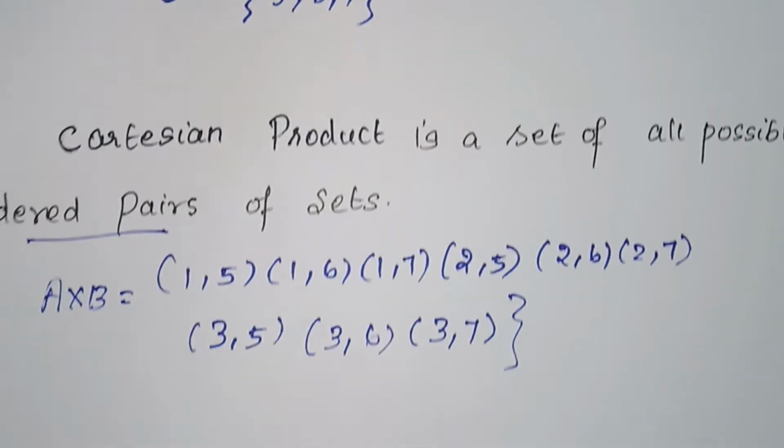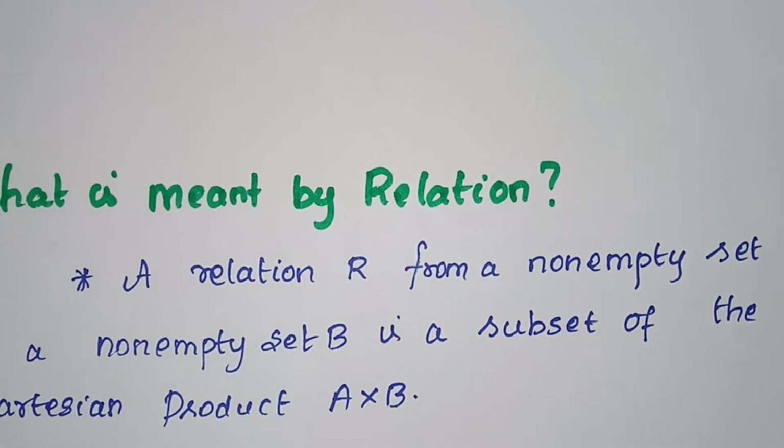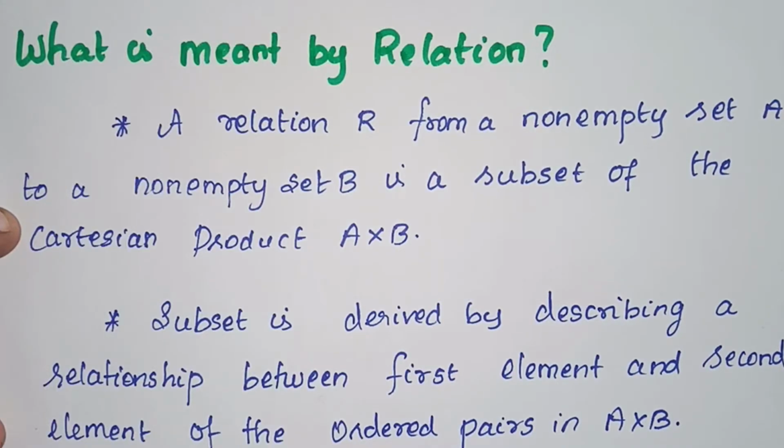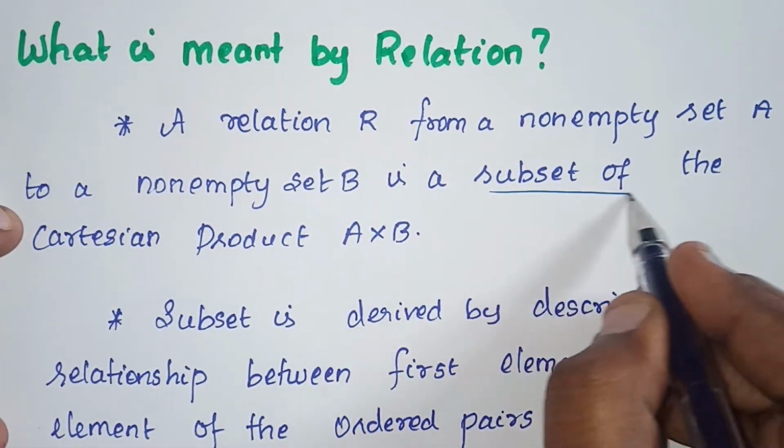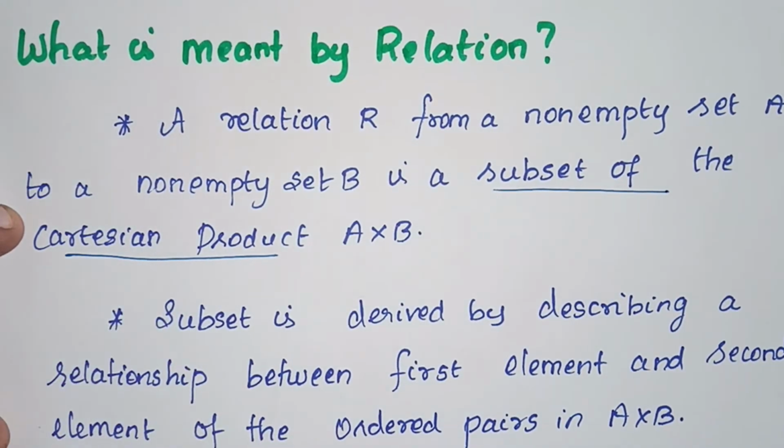Next we move on to the next topic, what is meant by a relation. In the book they gave this definition: a relation R from a non-empty set A to a non-empty set B is a subset of the Cartesian product A cross B. We already know what Cartesian product means, so a relation is nothing but a subset of the Cartesian product.